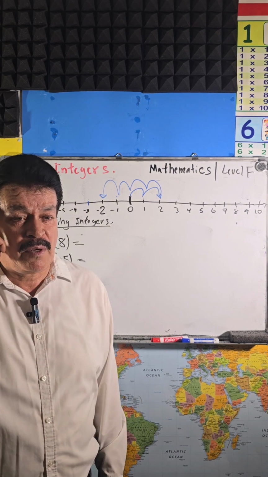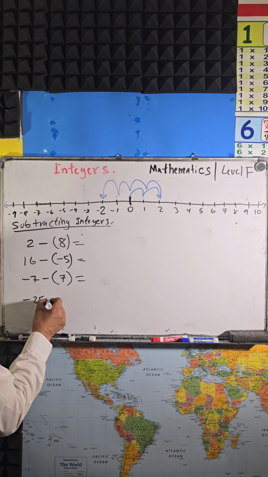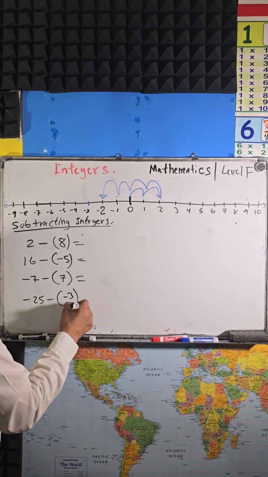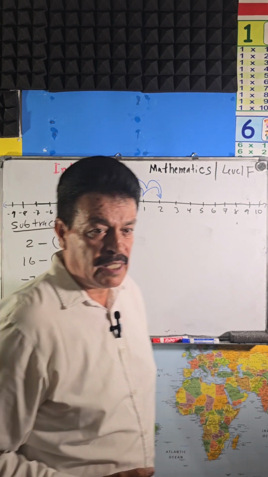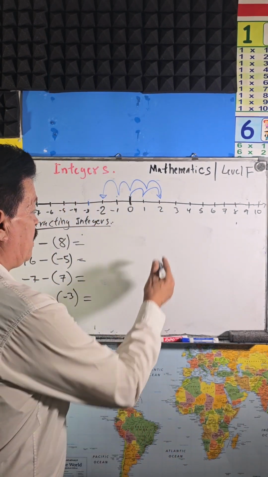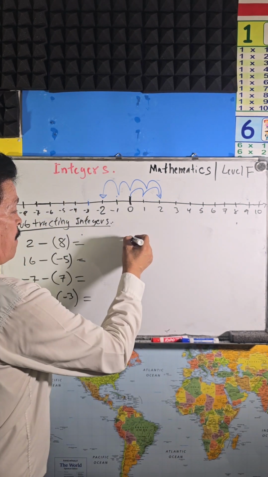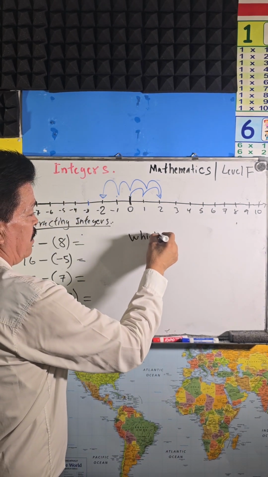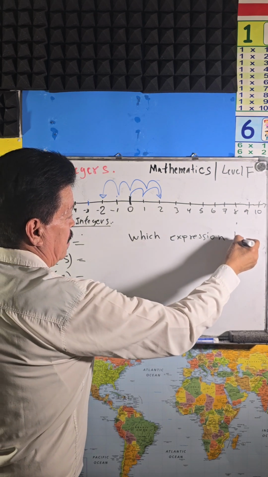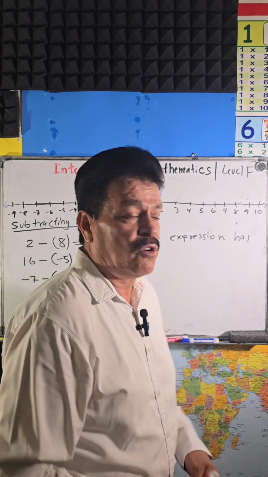It's 3 problems. Let me write another one: negative 24 minus negative 3. Look at this, what is the way to solve the problem? And let me write another question right here, like an exercise. Which expression has a value of A?